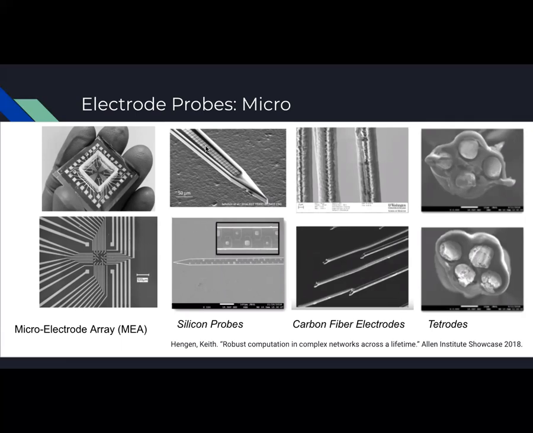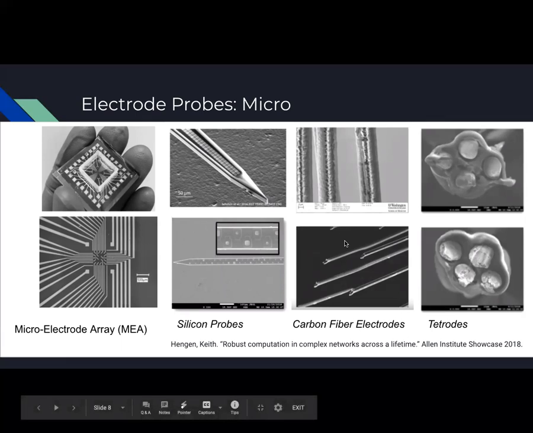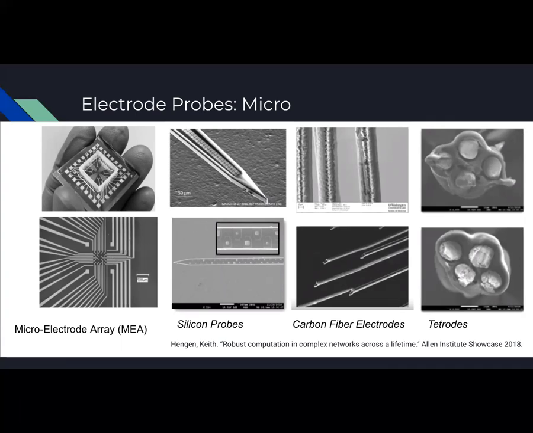And each one of these pads is an electrode that we can measure from. There are also electrode probes that you can make out of carbon fibers. These are in development and they're quite cool. They're also flexible and they're very small, which makes them a really good probe for getting into the brain in a very delicate way.